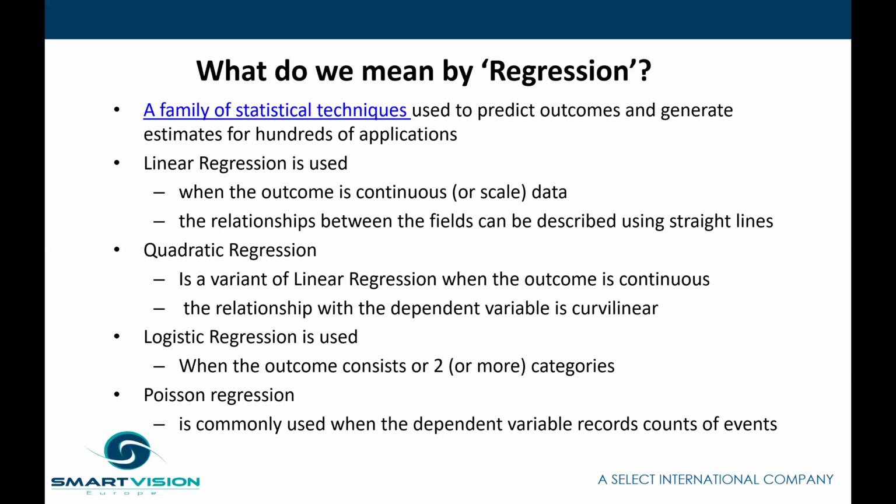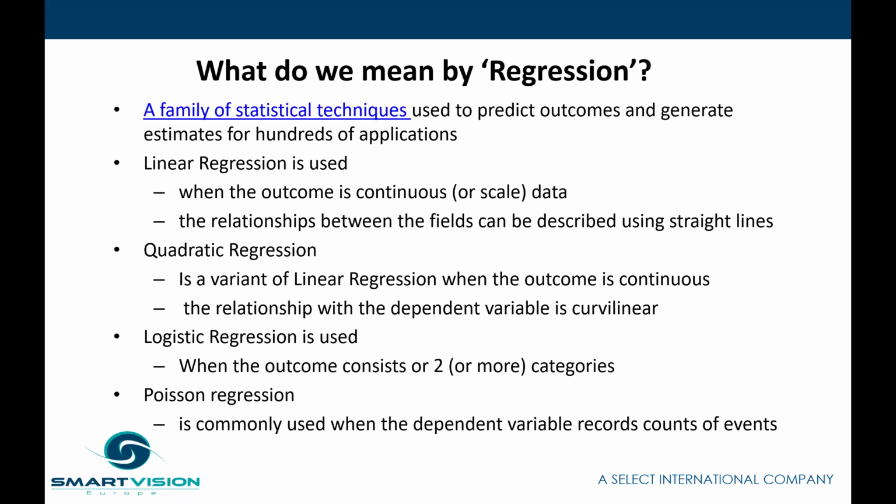That's also used when you're working with continuous data, but it's where the dependent variable actually records counts of events. So it tends to work with situations where people have a lot of zeros in the data, where the event didn't occur, and where the event doesn't normally occur more than, I don't know, 4 or 5 or 6 or 7 times or something like that.